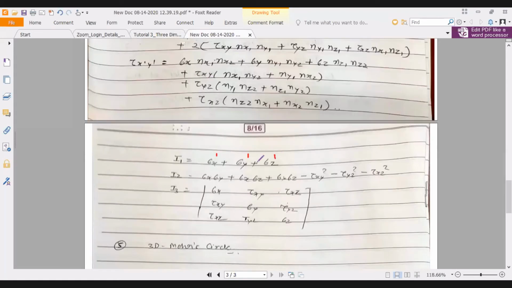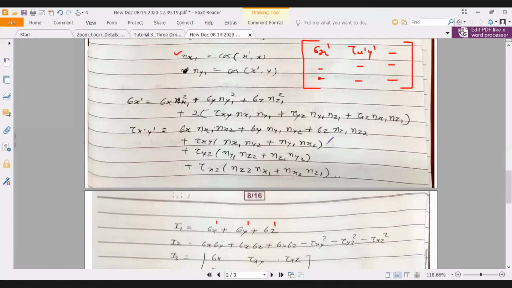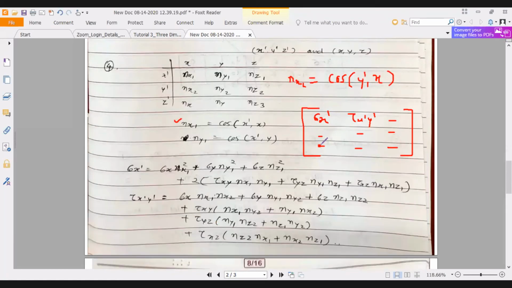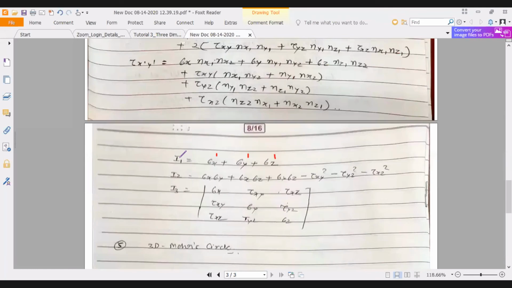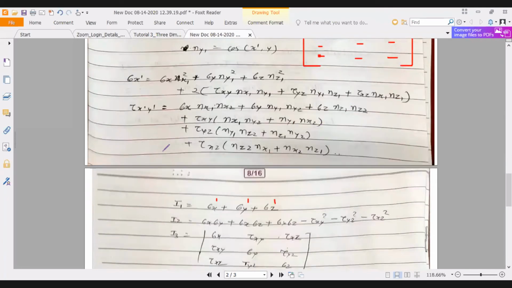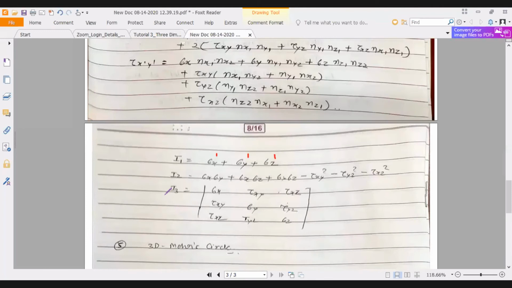These equations are the standard formulas to calculate the stress invariants. If this stress field is calculated, then with the use of that stress field, you can easily calculate the stress invariants. In these relations, these are sigma x dash, sigma y dash, and in these two equations also. So these relations will give you the stress invariants.